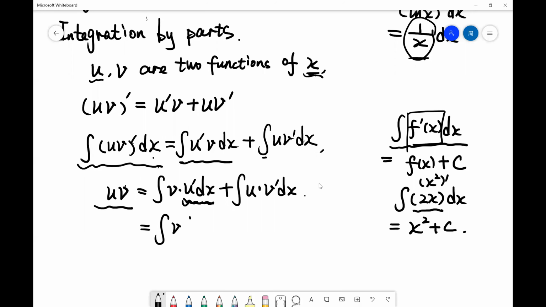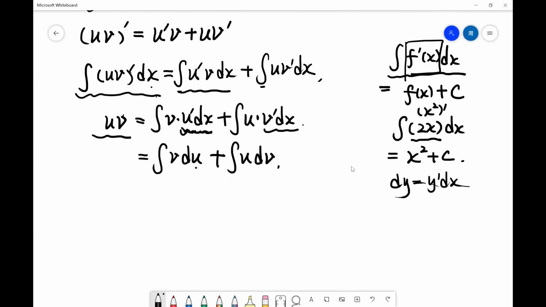Because when we calculate dy, that equals y' dx, right? Here, the function we use is u, so that is du. u' dx means du here. And then plus this part means dv here, right? dv here.